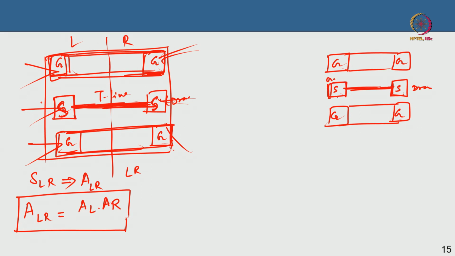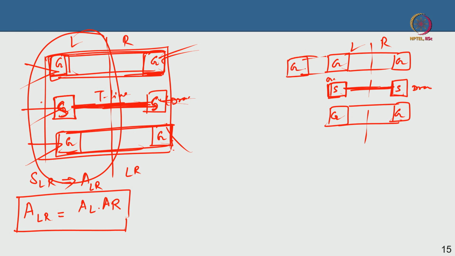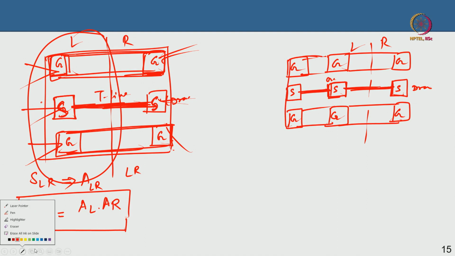Same thing that I had here, I had the L and I had the R. Now on the left side I am going to add this left. What I mean is, I am going to add G here, G here, and S here. Same transmission line, the metal thickness, the width, everything same. So what is happening now is that I am going to change the color so it becomes more visible.